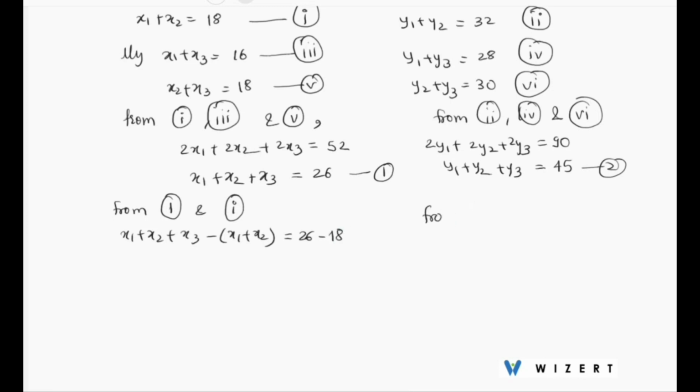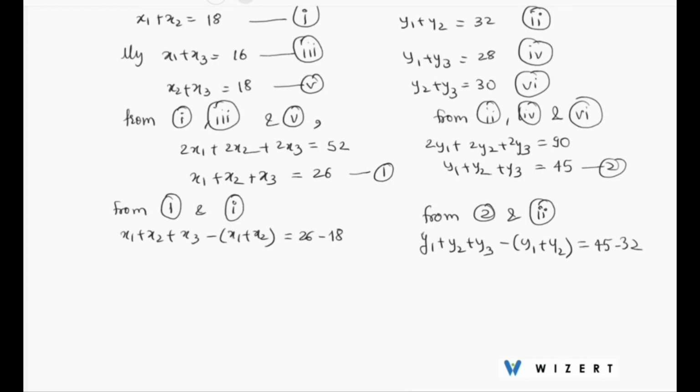Similarly, in the y part, from equation 4 and equation 2, we get y1 plus y2 plus y3 minus (y1 plus y2) is equal to 45 minus 32.